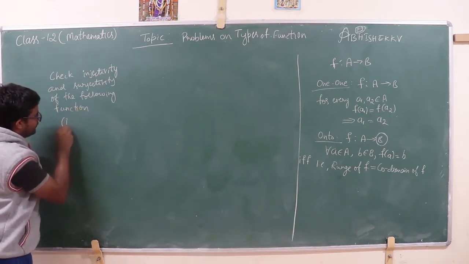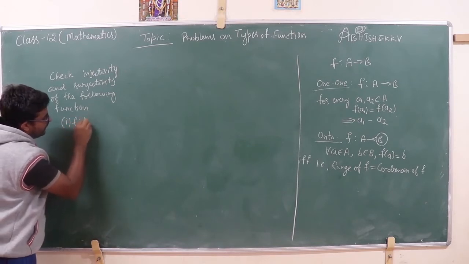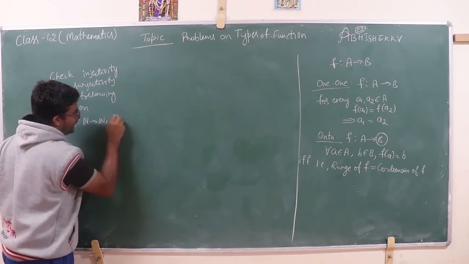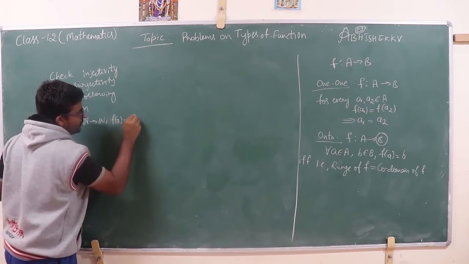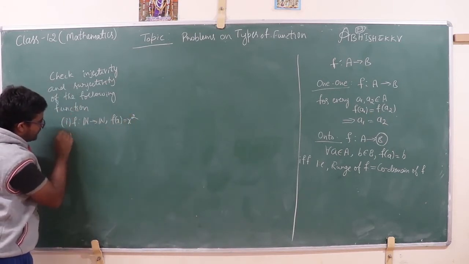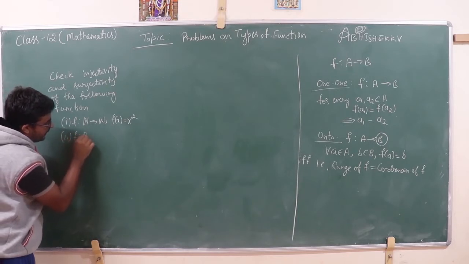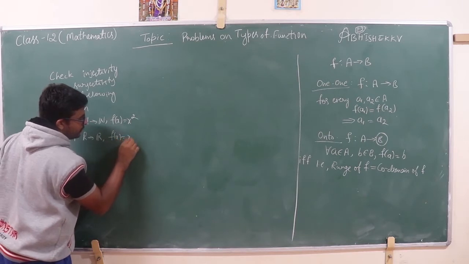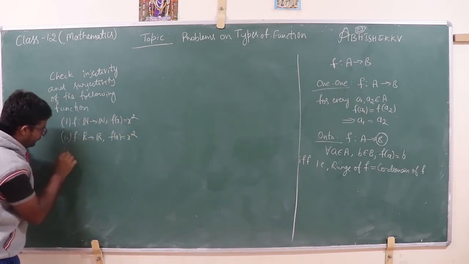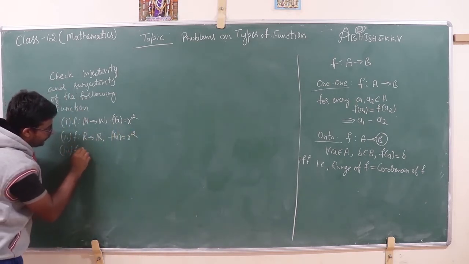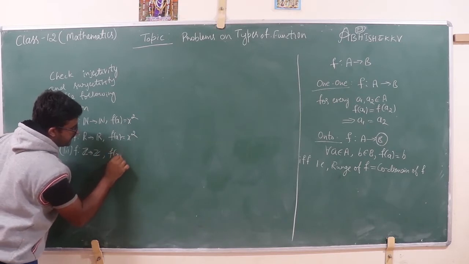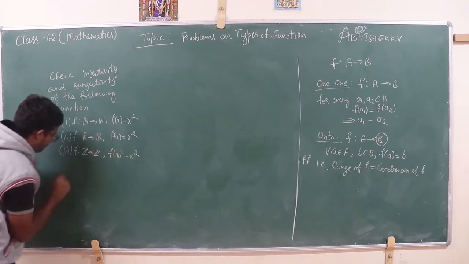See, the first function f from natural numbers to natural numbers defined by f of x is equal to x square. Then the function f from real numbers to real numbers, f of x is equal to x square. Then the function f from the set of integers to the set of integers such that f of x is equal to x square.